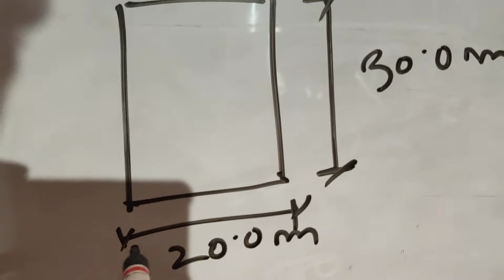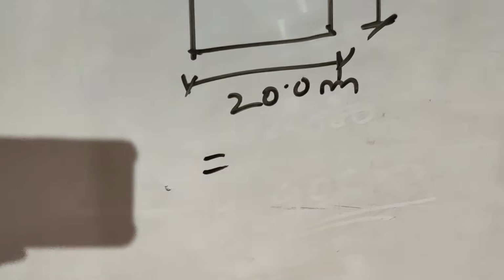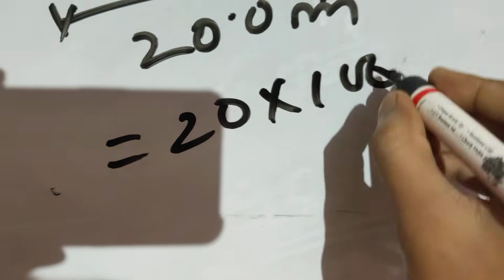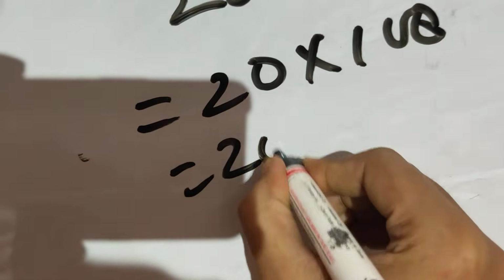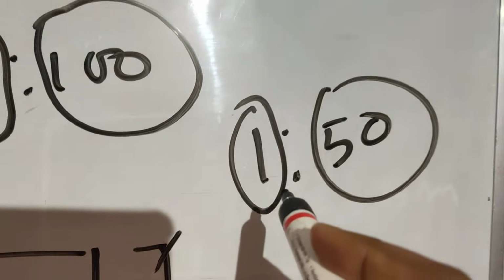The length shown here is 20 meter. 20 meter is nothing but 2000 centimeter. So what is the ratio here that we are adopting? It is 1:50. So the length of the building on the drawing paper will be 2000 divided by 50.